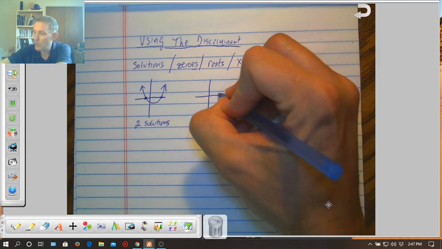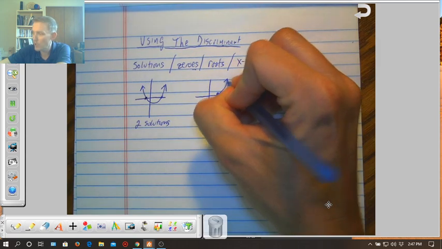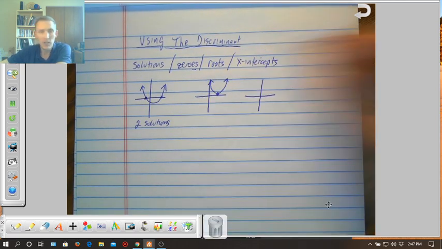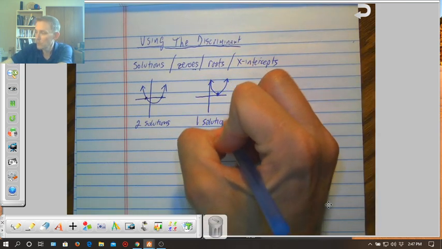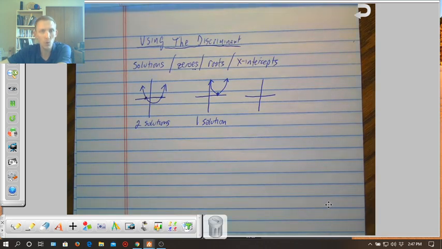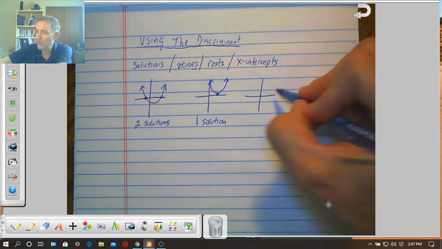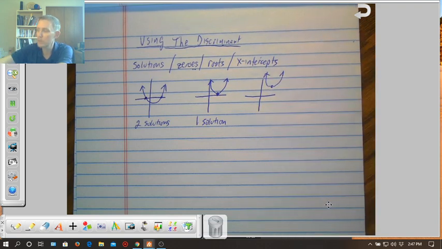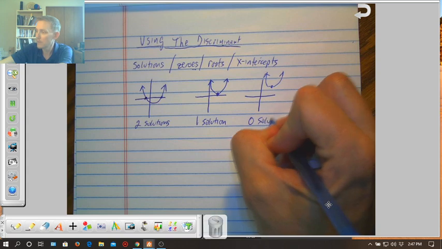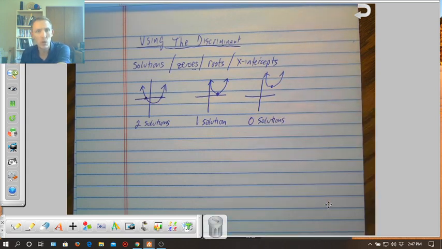And then we had a situation where the vertex was on the x-axis, and therefore it only hit the x-axis once. So there was one solution, or zero, or root, or x-intercept. And then if the parabola was above the x-axis and opened upwards, then we had zero solutions. So I want us to revisit that idea, because it is now going to follow with our discriminant and the quadratic formula.